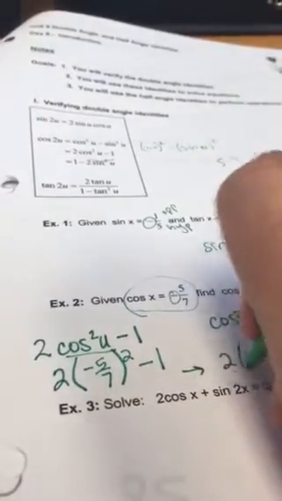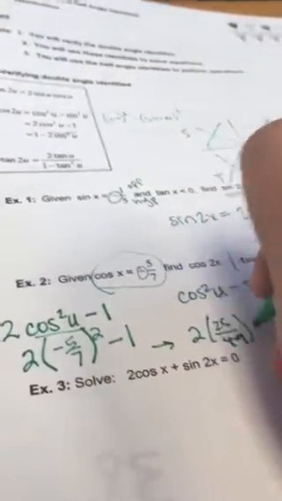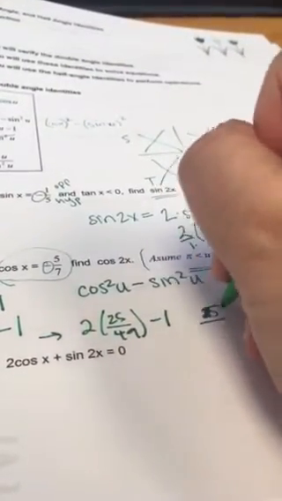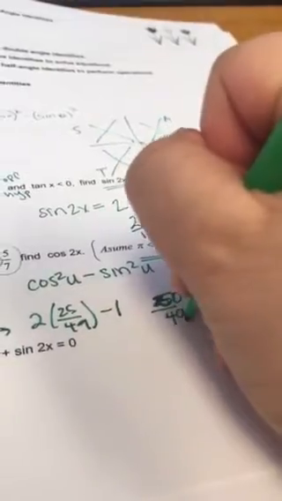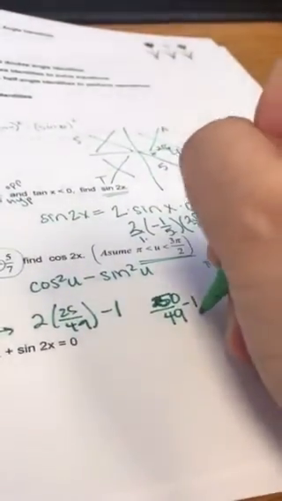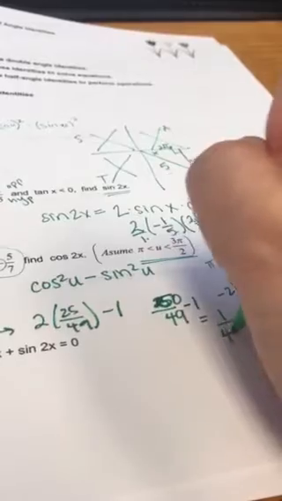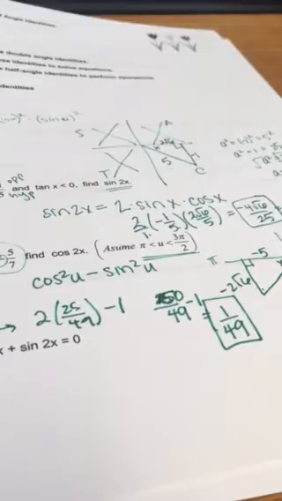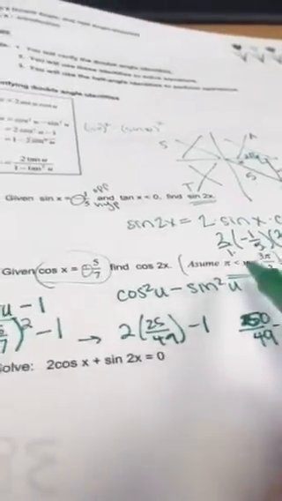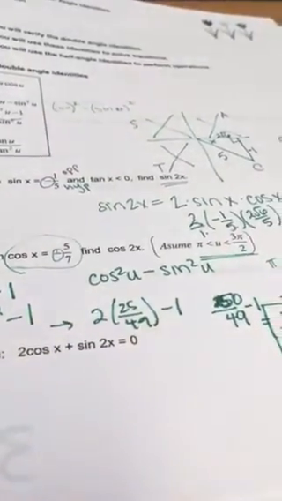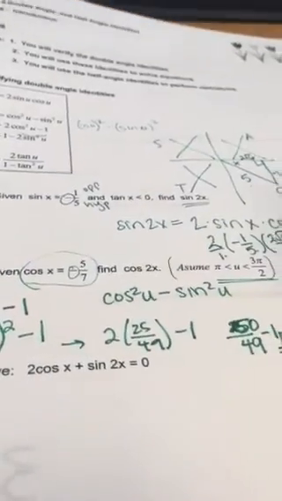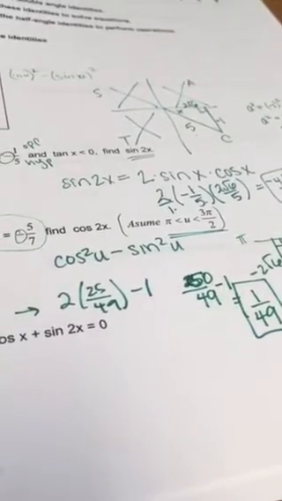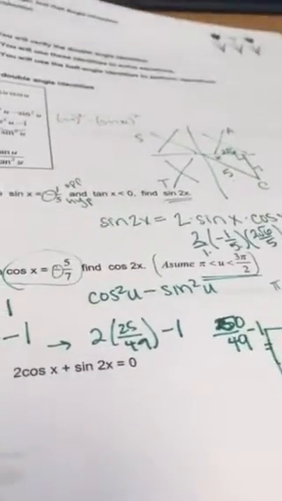I have 2 times 25 over 49, which is 50 over 49, minus 1, which is actually 1 over 49. If you're going to do the triangle, that's fine. You will get the same answer either way. If you want to try the cosine squared minus sine squared, that's fine. I can help walk you through it later if you want.